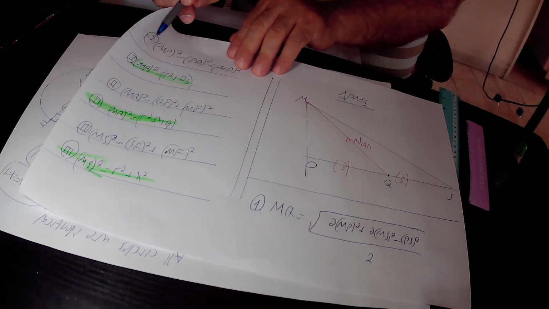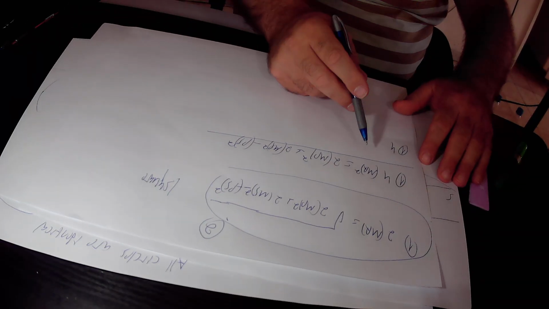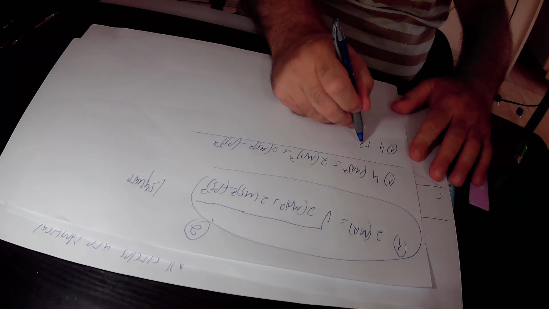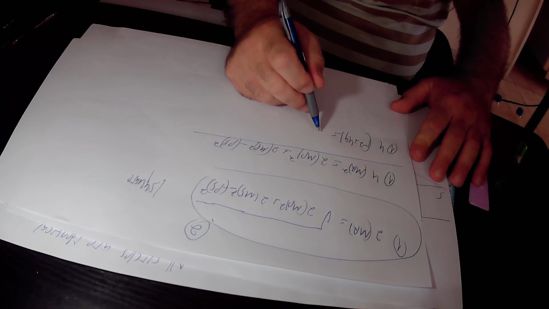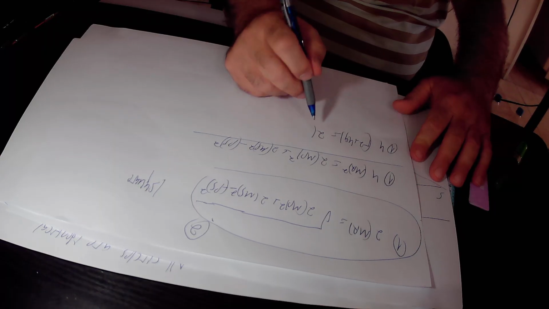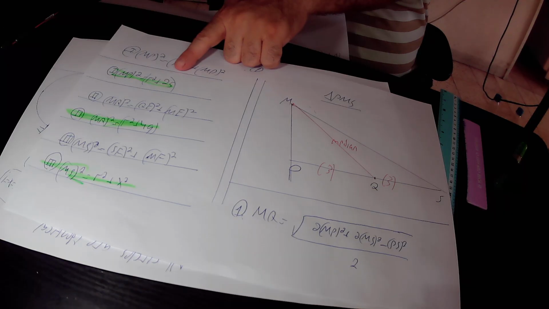MQ squared equals r squared plus 49. Therefore, we substitute MQ squared here by r squared plus 49, and it is equal to 2 times MP squared. MP squared according to equation 1 is r squared plus 25.